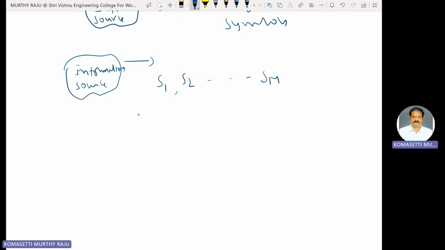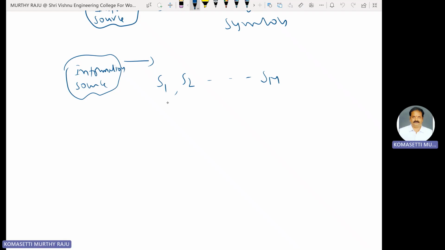That means the probability of occurrence of a particular symbol during a symbol time interval does not depend on the symbols emitted by the source during the preceding symbol intervals. That means present symbol generation does not depend on the previous symbols generation.